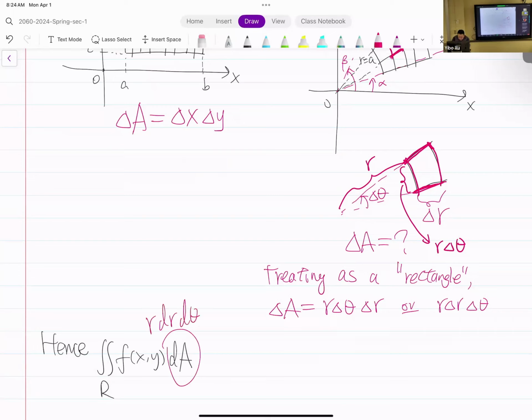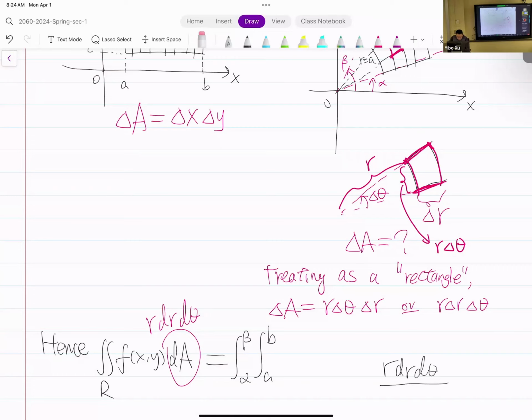Basically, we replace delta with d, and then we can rewrite everything together. So theta is between alpha and beta, d theta, and then r is between a and b, dr. But we have to recall that we have that r here. Very important.